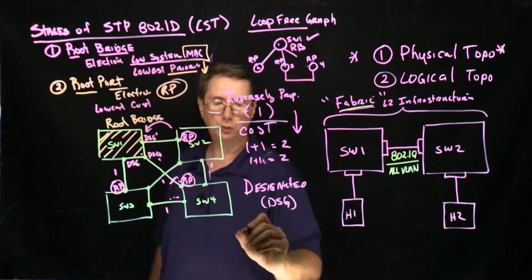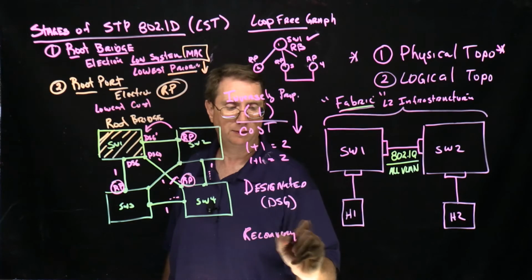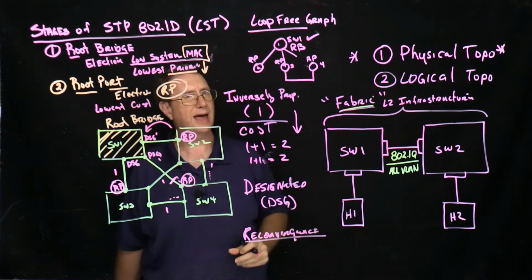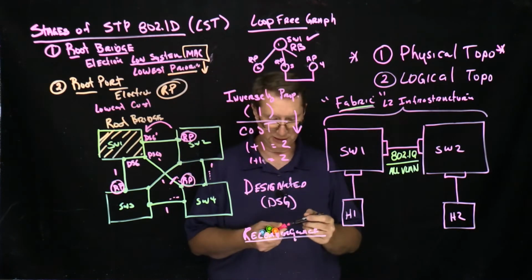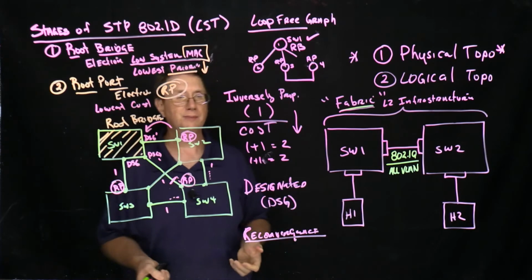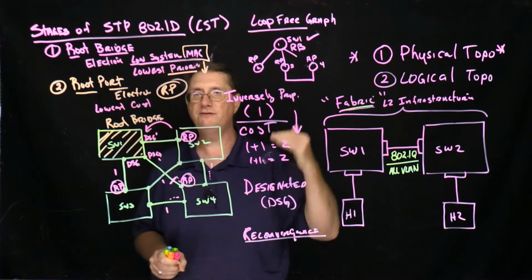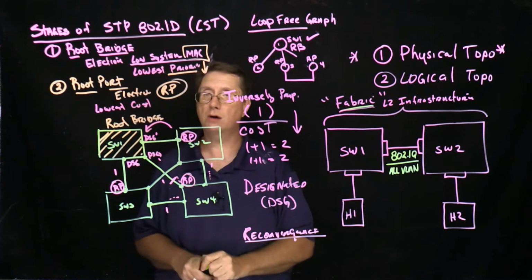This is called reconvergence. So we see here we have a self-healing infrastructure that allows me to recover in the event of a link failure, and at the same time prevents the possibility of generating loops through the creation of this computational graph that I just walked us through.